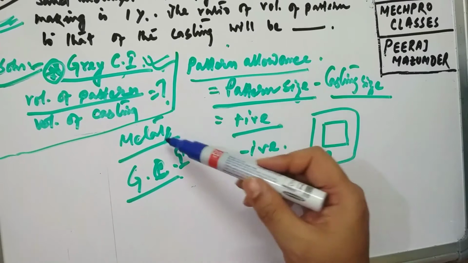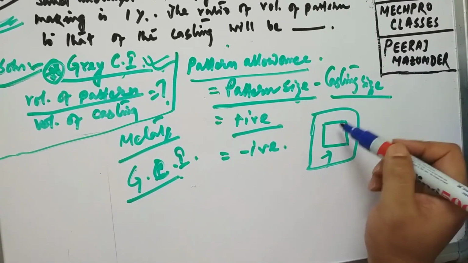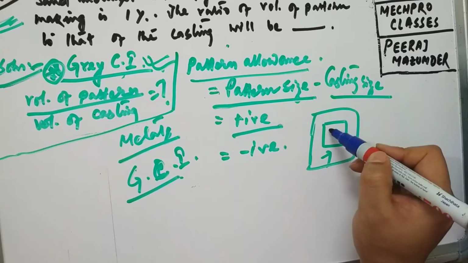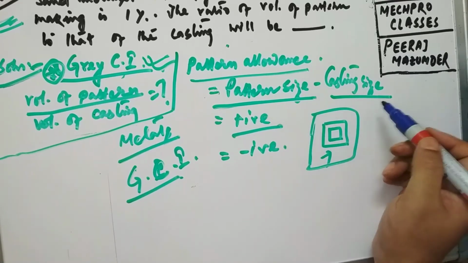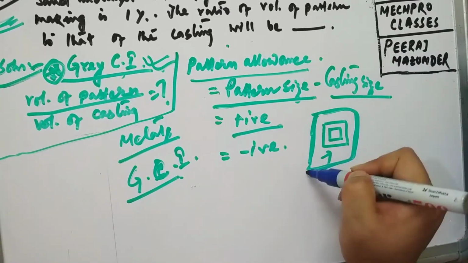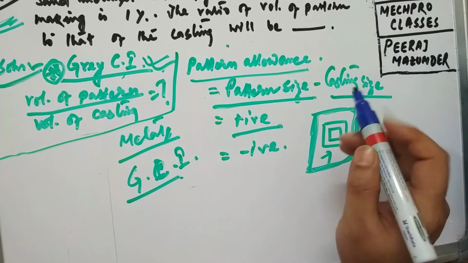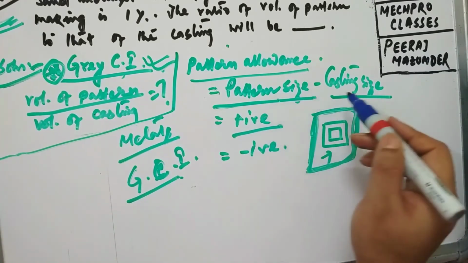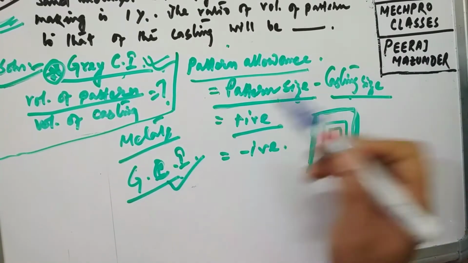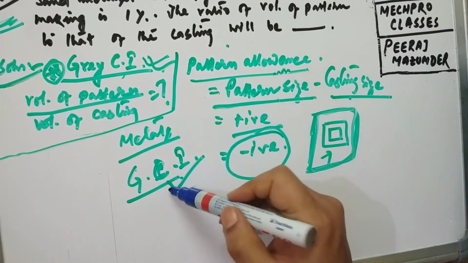But for other metals, any metal shrinks after solidification, but for cast iron it expands. Okay, so we have to keep the pattern size smaller in case of grey cast iron. That's why the pattern allowance is coming to be negative in case of grey cast iron.